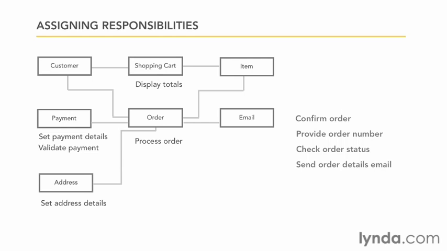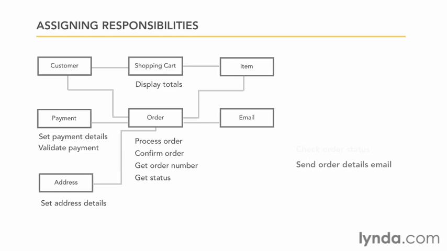Validate payment in this pass I'll give to the payment object. Confirm order I'll put for the order object, as will provide order number, which I'll change to get order number, again to make that a bit more obvious what it's doing, and check order status, which just becomes the generic get status inside the order object. And the last one here, the send order details email, I'm going to split into two parts.